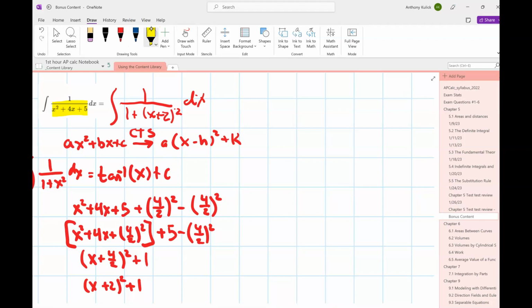Now, hopefully you can see that we are in the form of the derivative of tan inverse, right? So we do need to make a u substitution. What will our u be in this case? x plus 2. Yeah. Which is great because du dx is just going to be 1, so du is just going to equal dx.